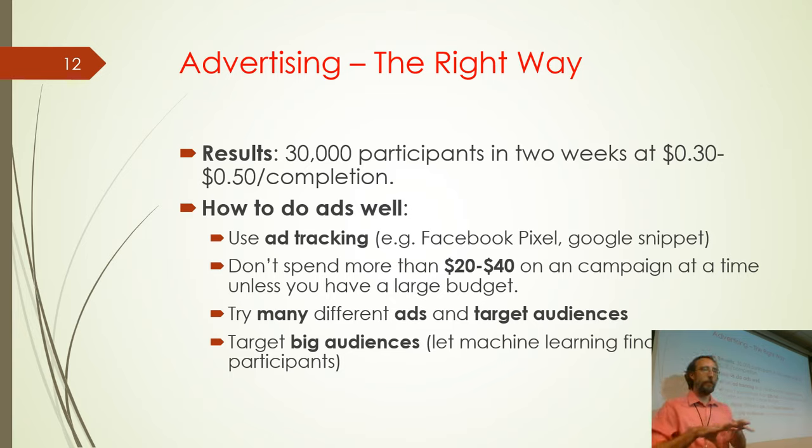But you want to give the machine learning room to learn. You want to have thousands and thousands of people who say yes and no in order to train your machine learning algorithm to figure out which ones are the people who are most likely to do the study. So don't get super narrow.